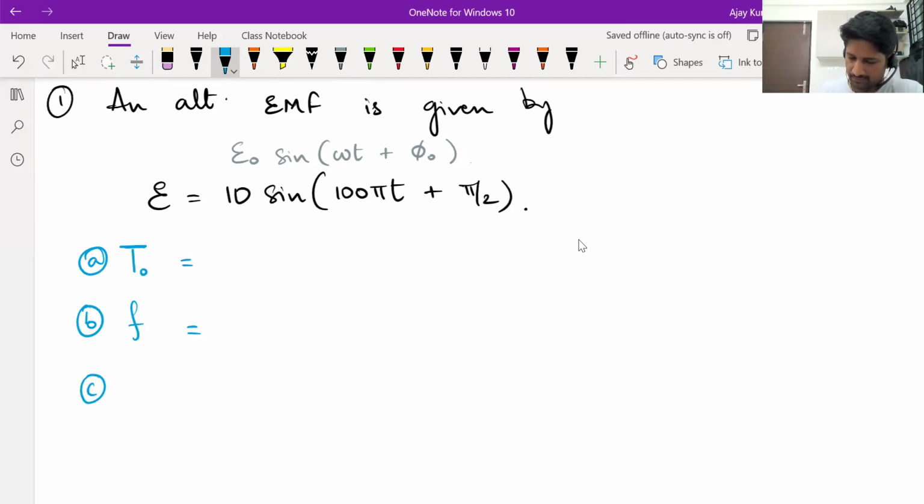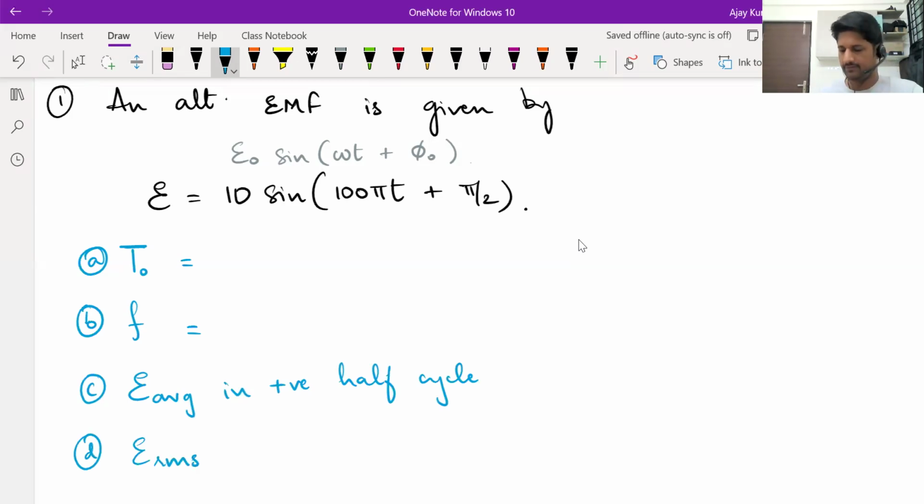What is the average EMF in the positive half cycle? What is the RMS value of this EMF? Solve quickly, I'll give you 2 minutes.